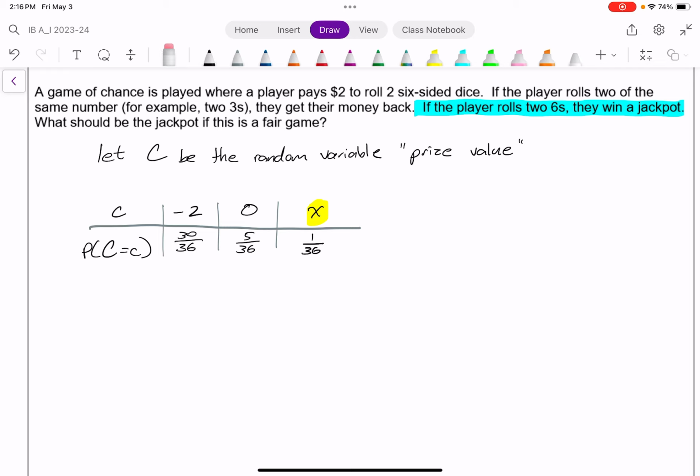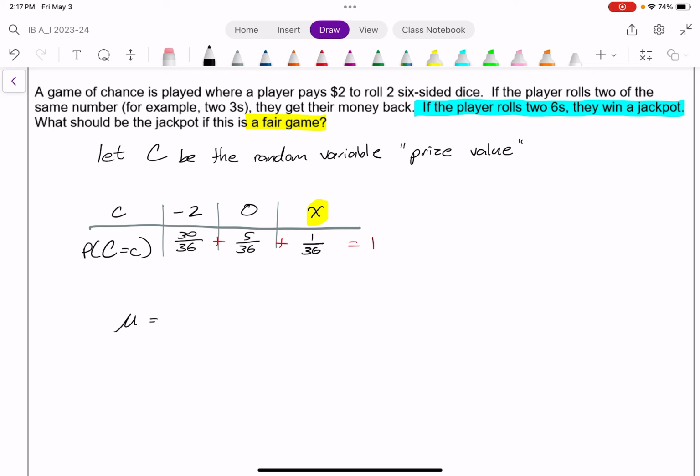So the hardest part is now set up. And so keep in mind, if you're not sure, you could double check and make sure this all adds to 1, and it does. Which means I can now try to find out what this jackpot should be. Because if it's going to be a fair game, the expected value should be 0. So if it's going to be a fair game, mu should be 0.